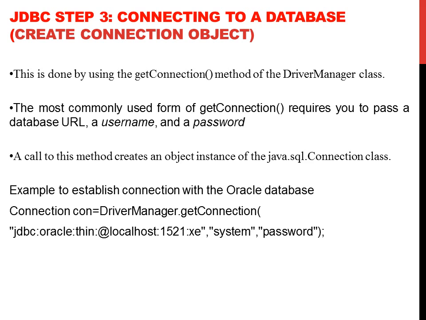Here we are trying to connect to Oracle database, so you have to give the Oracle URL, jdbc:oracle:thin:@, where the host name is localhost, then you give a port number, then you specify the username and password. Here the username is system, the password is password itself, and the DriverManager.getConnection method returns a connection object.